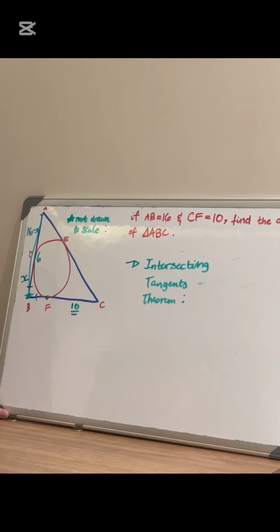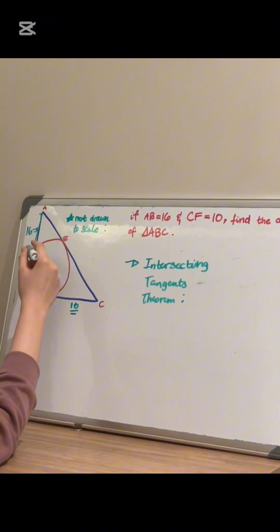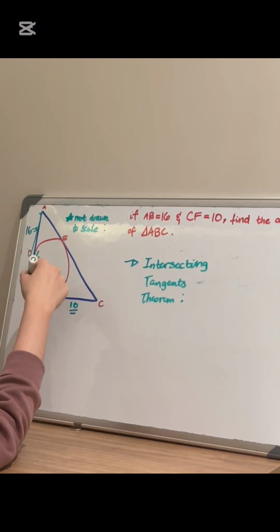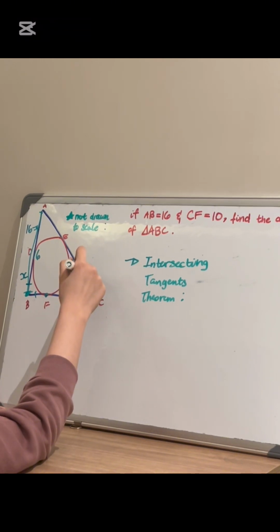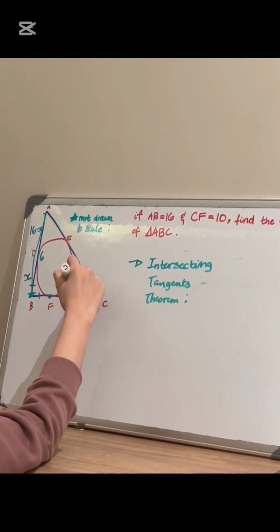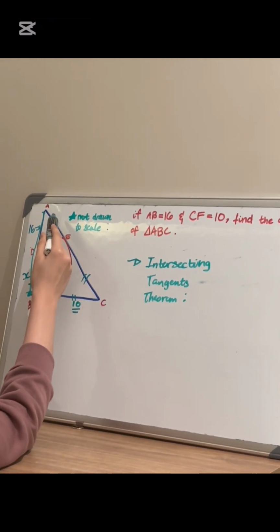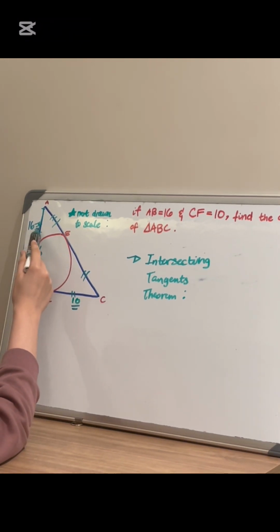So that means that DB is equal to BF, CE is equal to CF, AE is equal to AD.